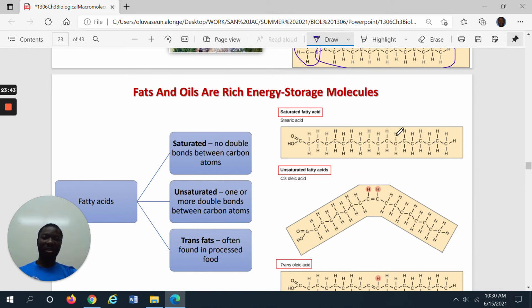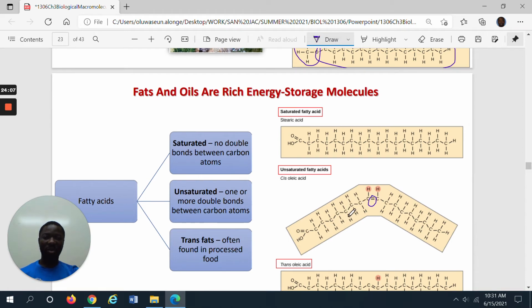This stearic acid has more hydrogen atoms than oleic acid. And how does that happen? They will have the same number of carbons, but oleic acid has a lesser number of hydrogens. Why? Because of the presence of the double bond here.